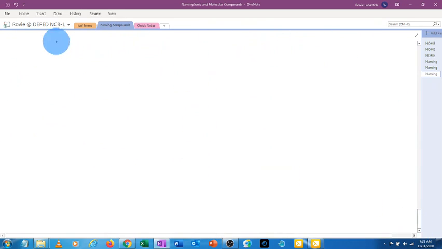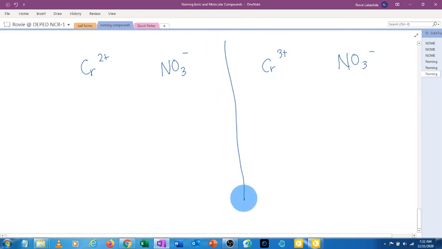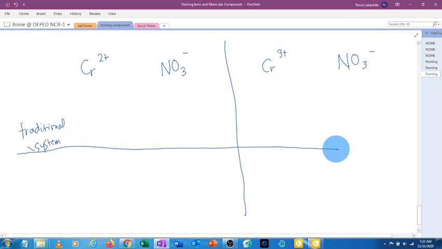Last example, let's say, again, we have Cr 2 positive, Cr 3 positive. But this time, let's have a polyatomic anion, which is nitrate. Okay, let's do again the traditional system in naming ionic compounds with more than one possible charge for the cation and the stock system.